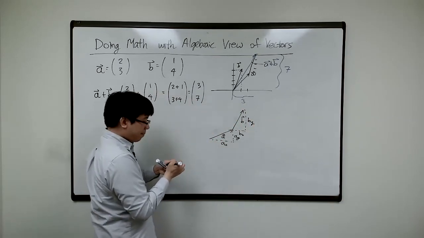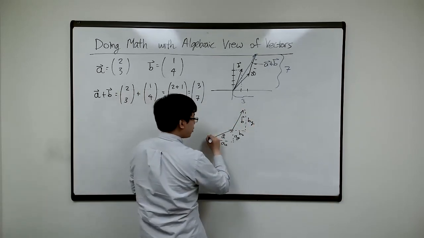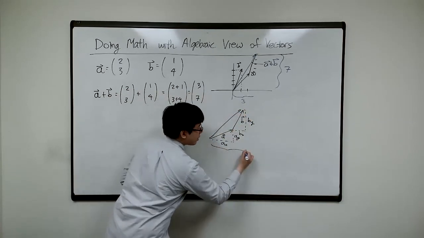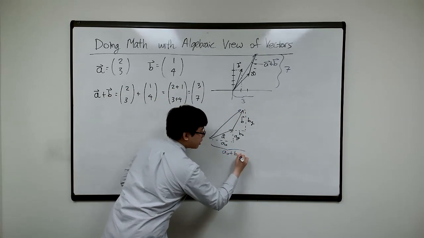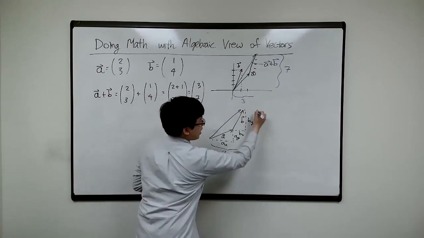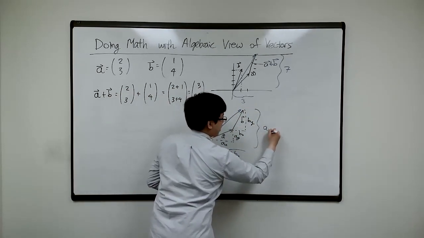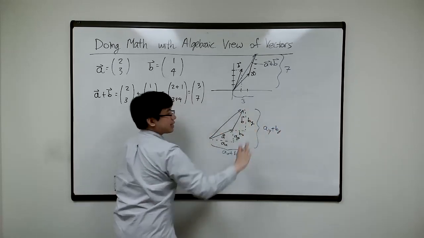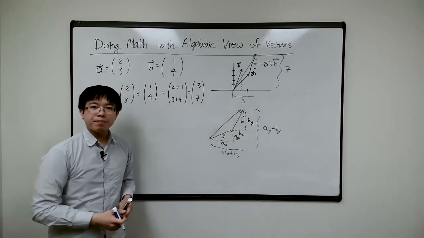So in total, you went that amount to the right and that amount to the top.